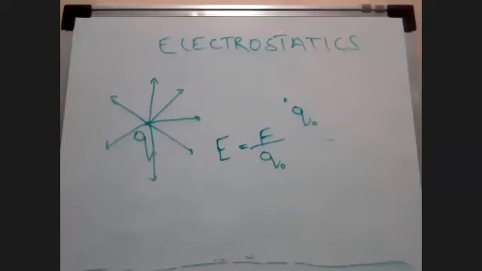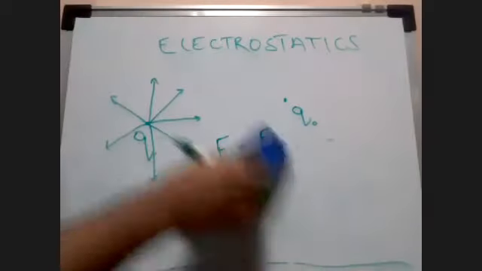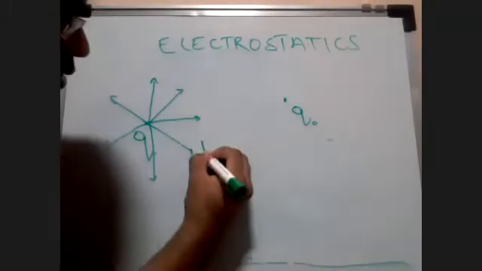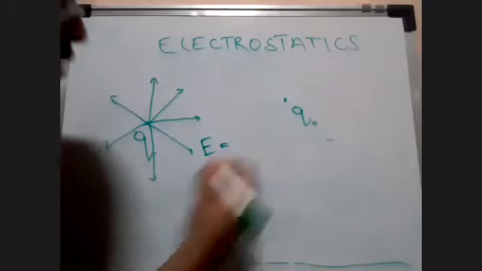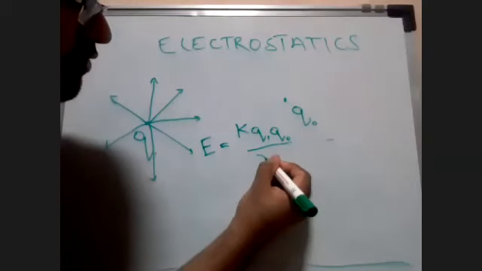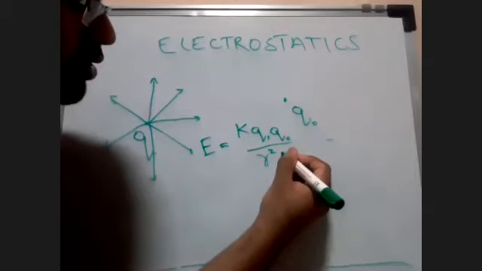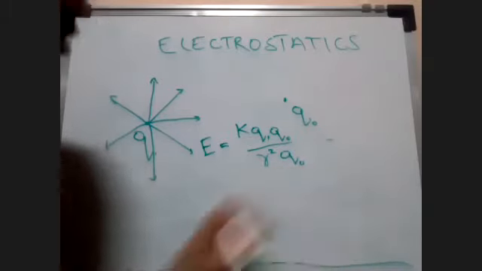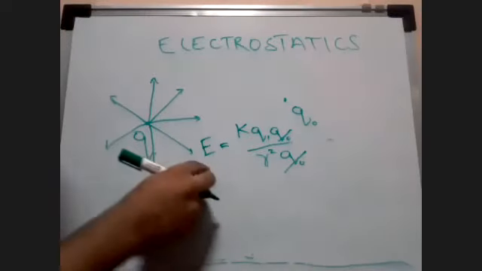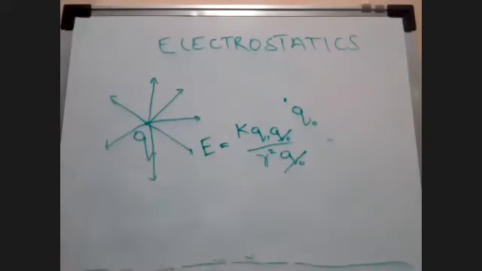Considering F is equal to K Q1 Q naught by R square, and upon Q naught, this Q naught gets cancelled. So your electric field intensity is basically KQ by R square.